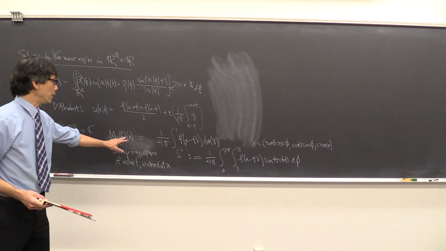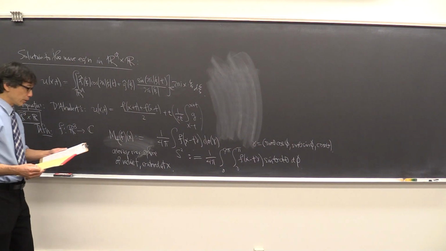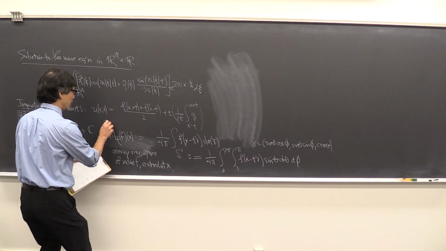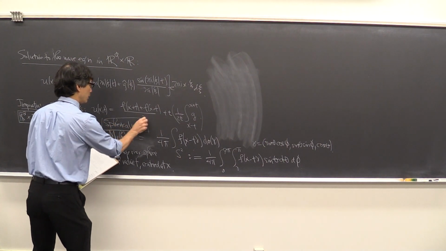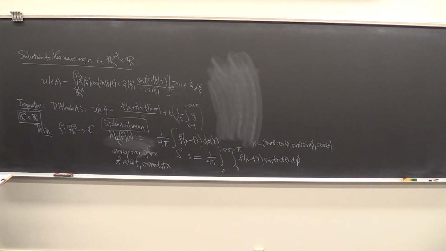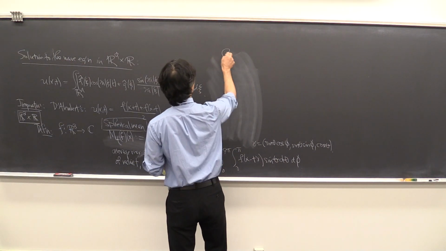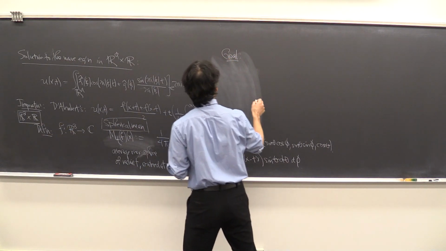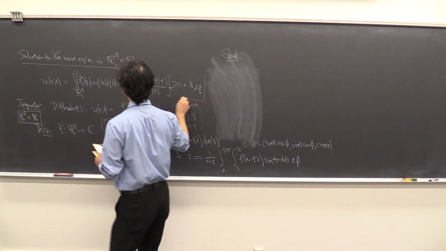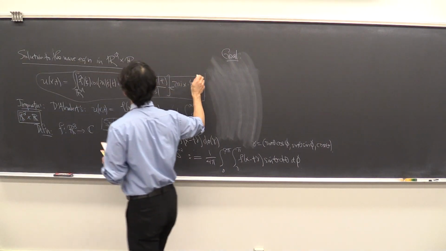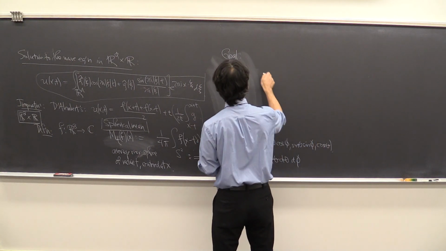And so this is what they call the spherical mean. Okay. And what we're going to get in the end is the following. We'll see that the solution that we worked out last time can be reinterpreted as the following.